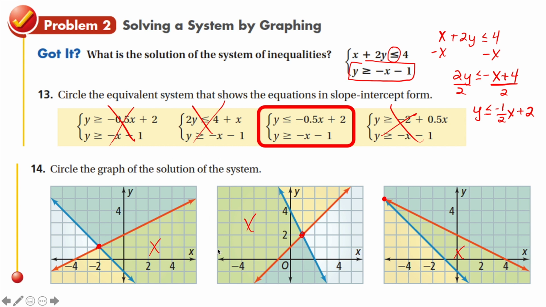Which one of these graphs shows this? Well, as I can tell, right off the get-go, both of our slopes are negative, which means both of our lines are going in a downward motion, meaning from left to right, it's going to be going down. That is how I would look at this one right off the get-go, seeing how we have two different graphs that are set up going in opposite directions.